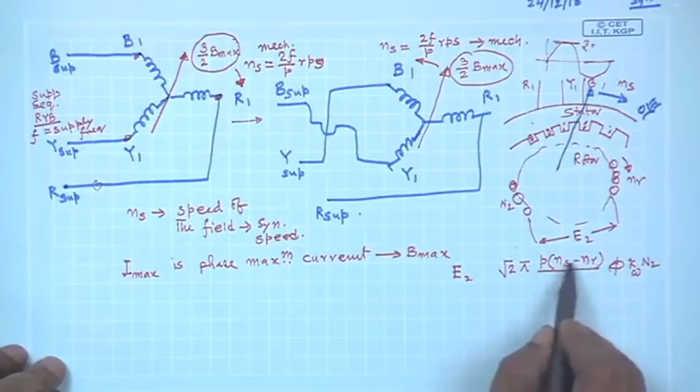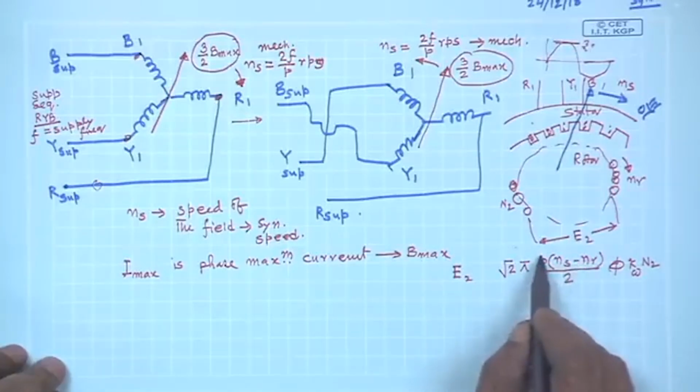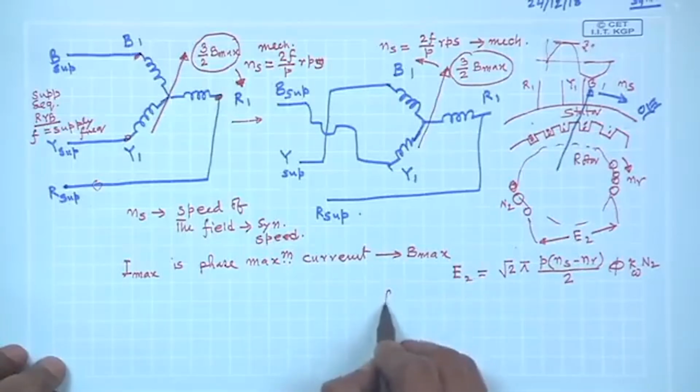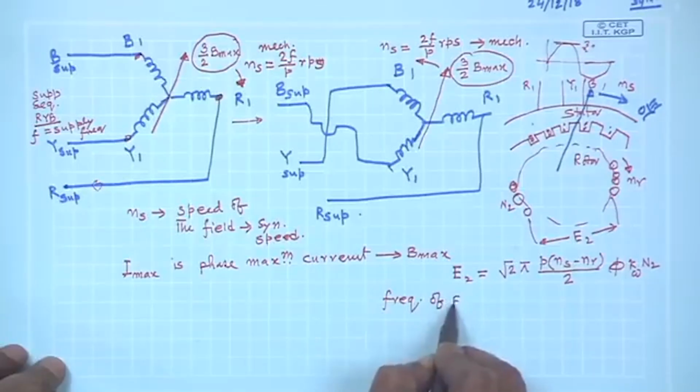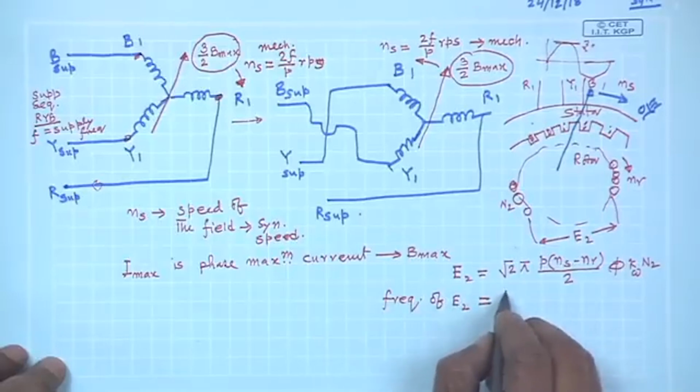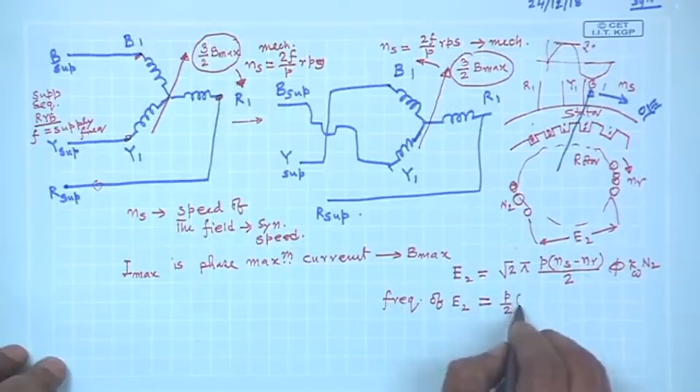Ns, Nr are in mechanical RPS, that is why I have to multiply it by P by 2, and the frequency of E2 will be equal to P by 2 into Ns minus Nr.